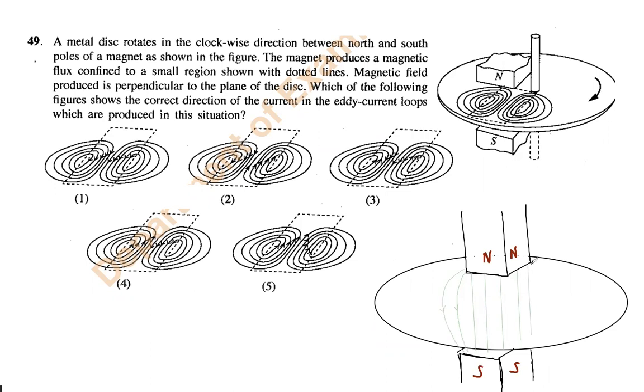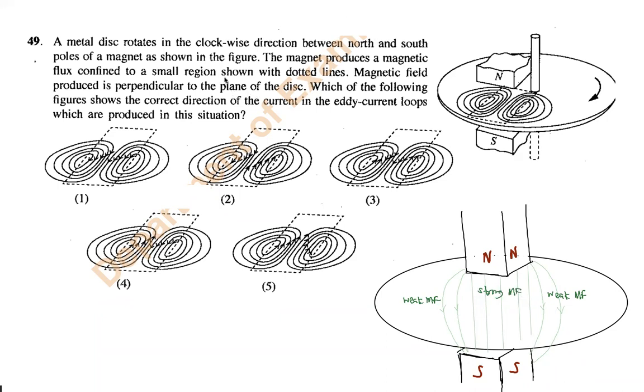This time you have to be a little careful. Look at the way it is rotating. Now it's rotating clockwise. Let's focus on this region. Here we have weak magnetic field, here also we have weak magnetic field, and in the middle we have the strong magnetic field, because between the poles it will be strong.